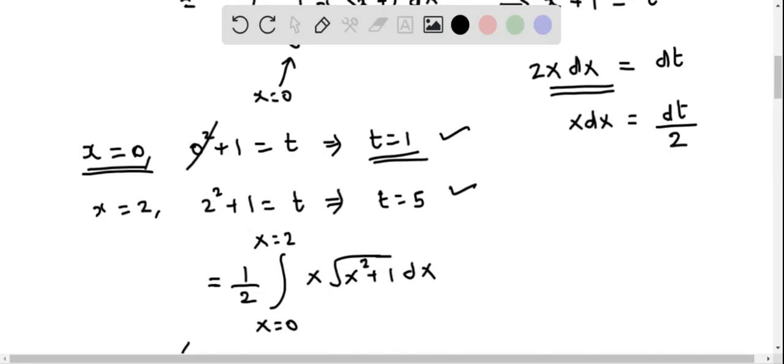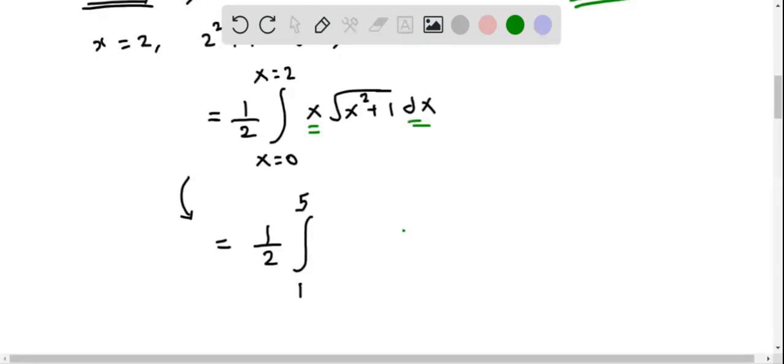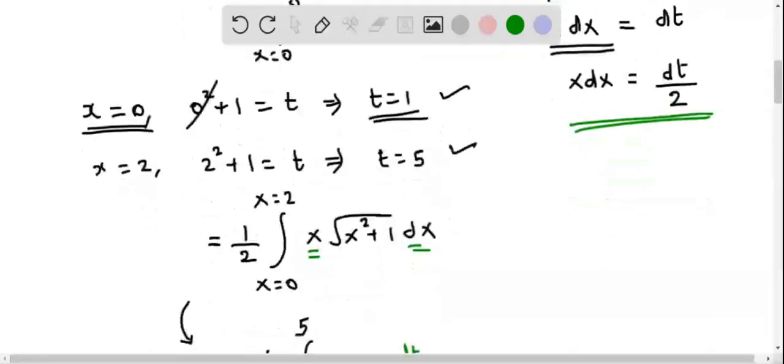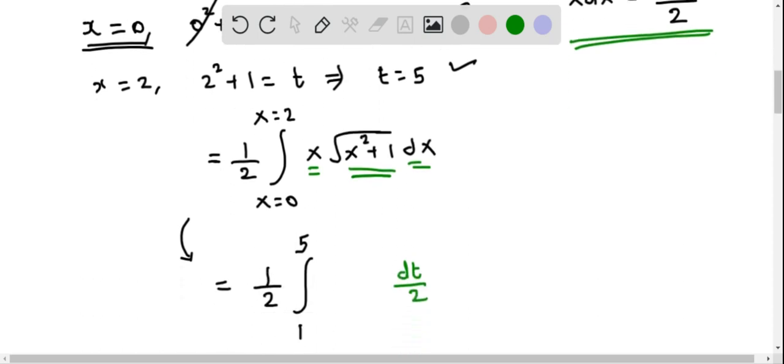Now we see that we can replace this expression, x dx, as dt over 2. So I'm going to put dt over 2, and we already made the substitution x squared plus 1 equals t. So this expression under the root is replaced as t, so it becomes root t.